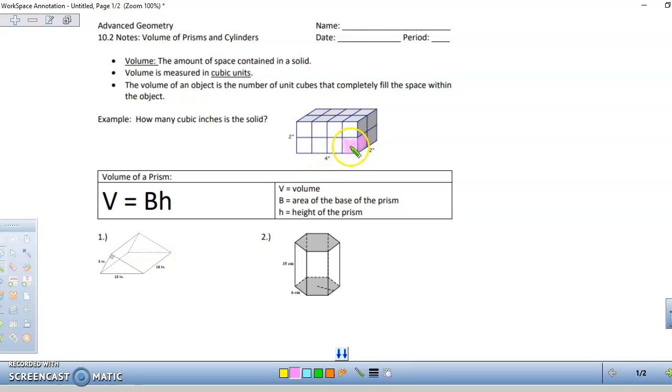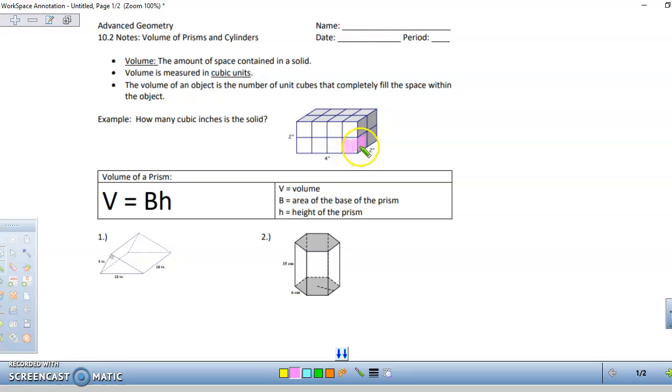So that'd be 1 cubic inch. So you can imagine there are 8 of those, 4 on the front and then 4 in the back layer here. So in the first layer, you have 8 cubic inches. Also notice that the area of that base is also 8 inches squared. But the cubic is because of the 1 inch height.